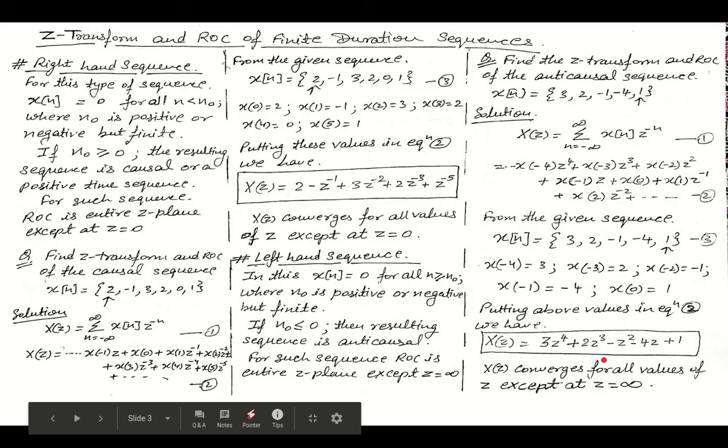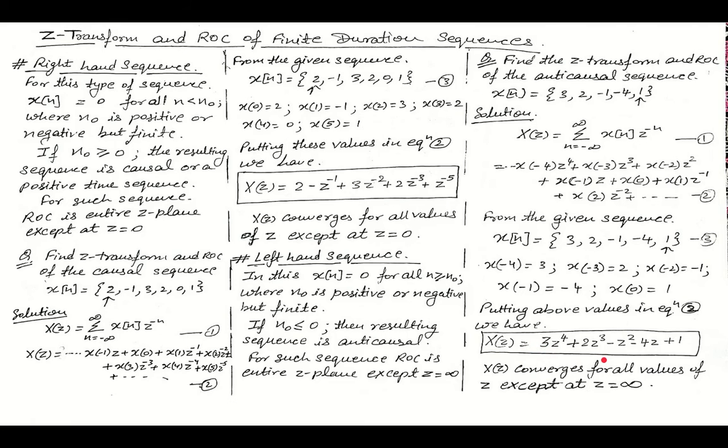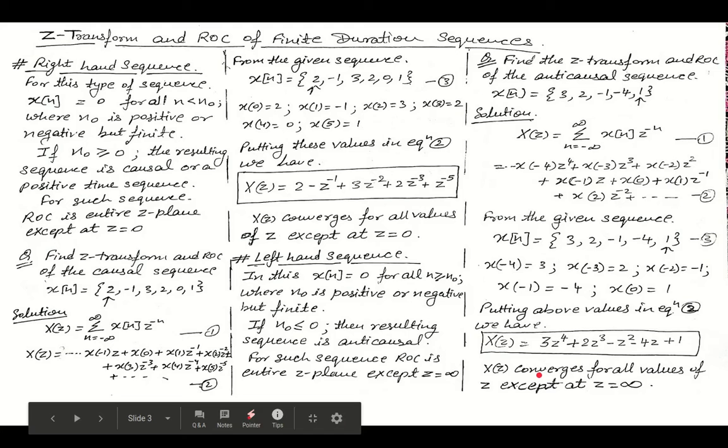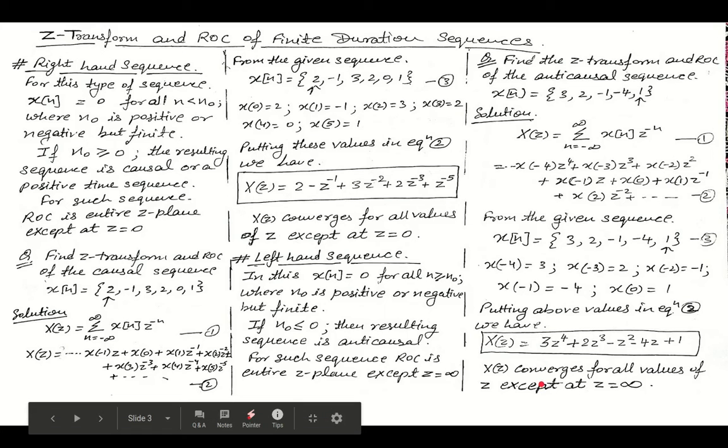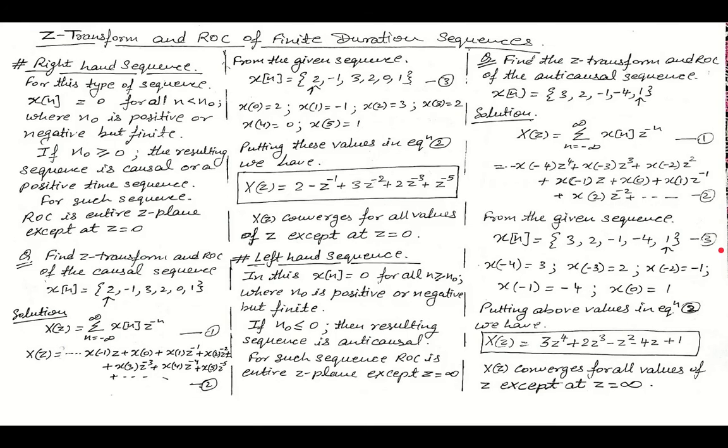So it won't converge. Therefore my ROC for this z transform to converge will accept all the values of z except at z is equal to infinity.